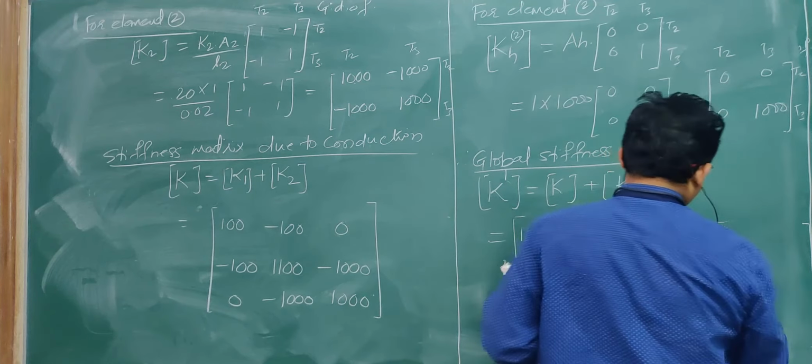When I add these two matrices together, what I'll get is K dash.